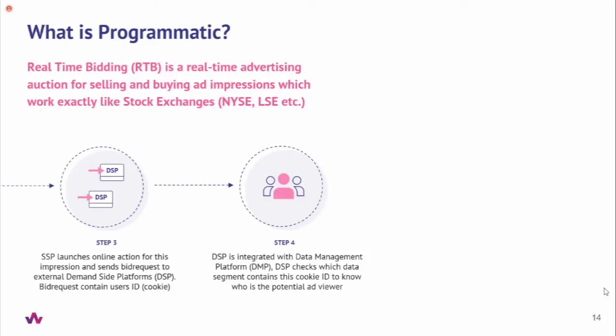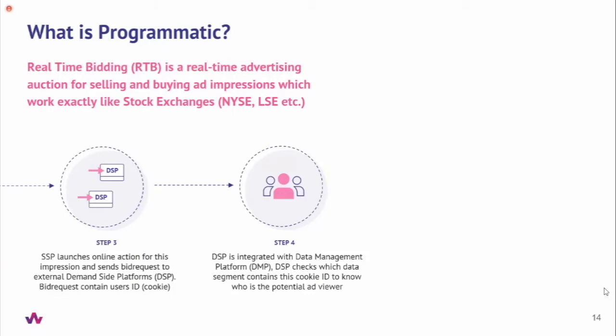They use a unique advertising ID called a cookie ID to find this user in their set of data and to understand what his interests are and which data segments contain this user. When they know more about this user, they know what kind of advertising they would like to show him.